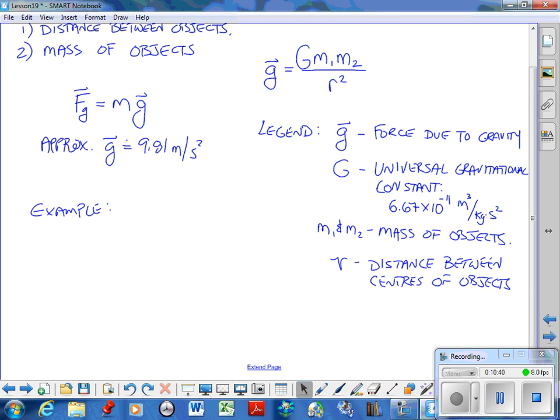If we take our formula and we do 6.67 times 10 to the negative 11, and we can go through and do the calculation for an object at a given height.